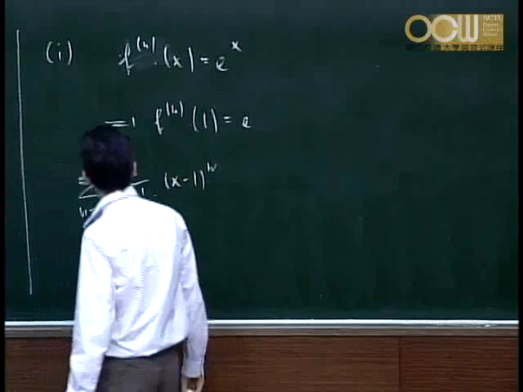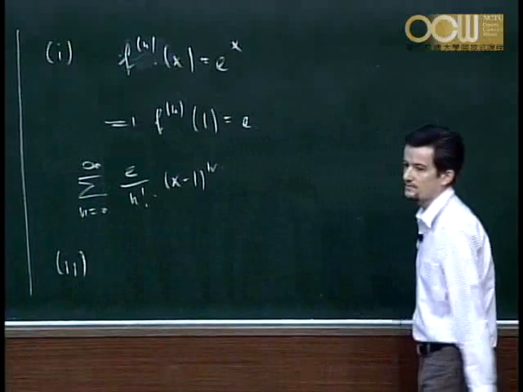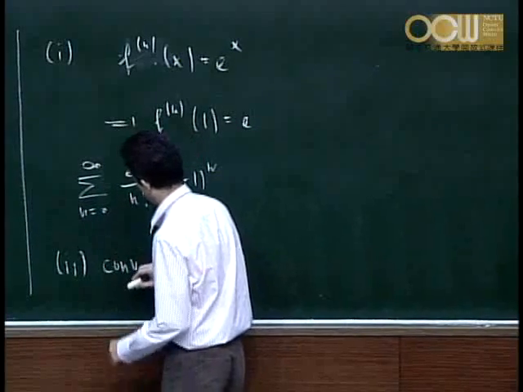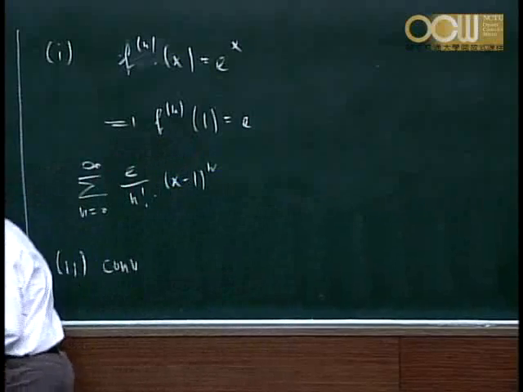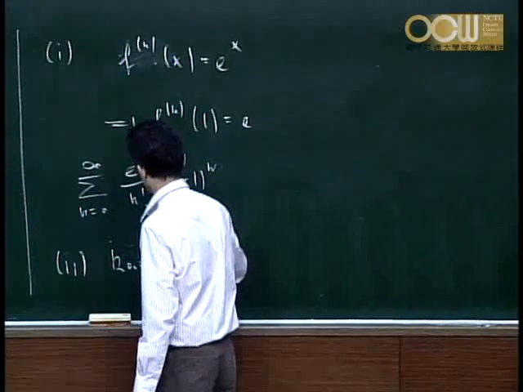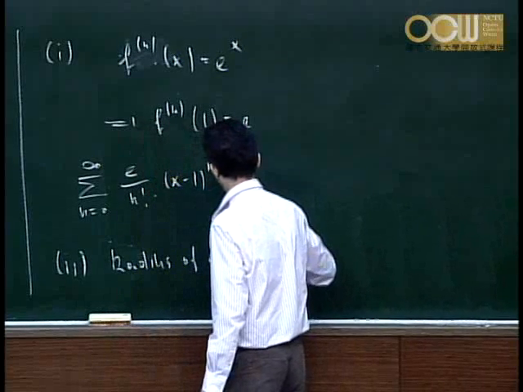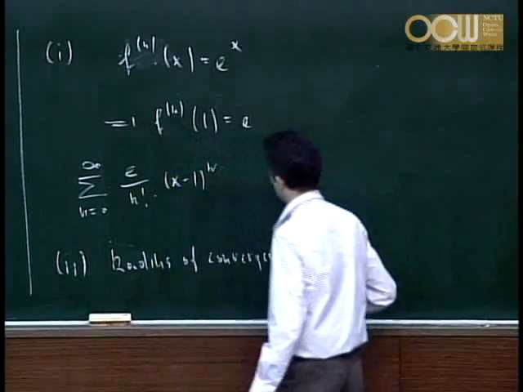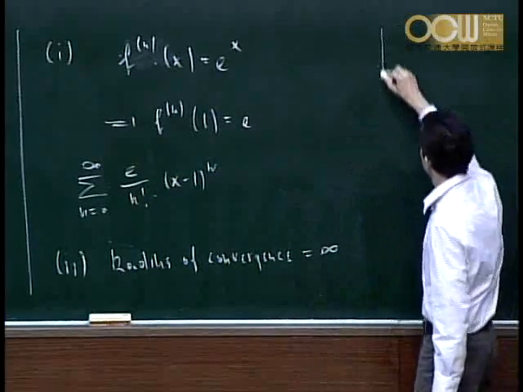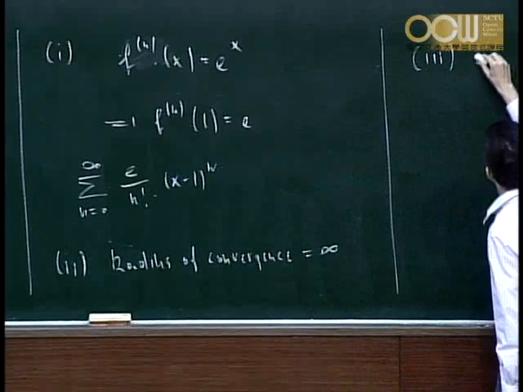Now, the second step would be to discuss the convergence behavior. It's easy to figure out that the radius of convergence is equal to infinity, also in this case. And the third step is to use Taylor's inequality, as before.